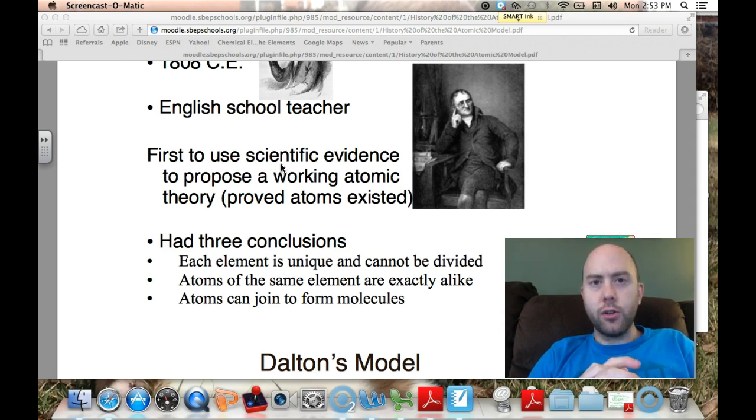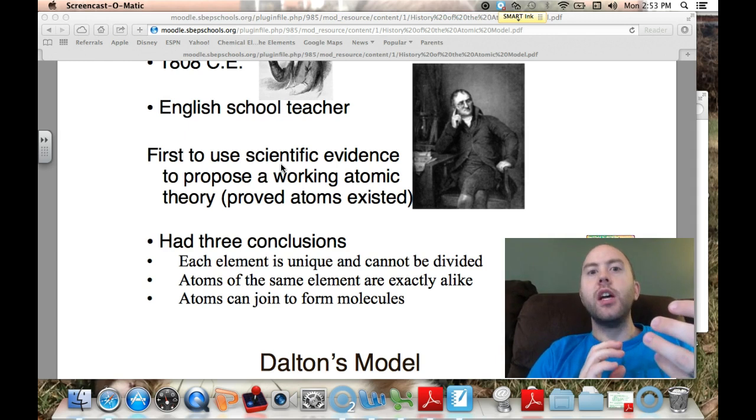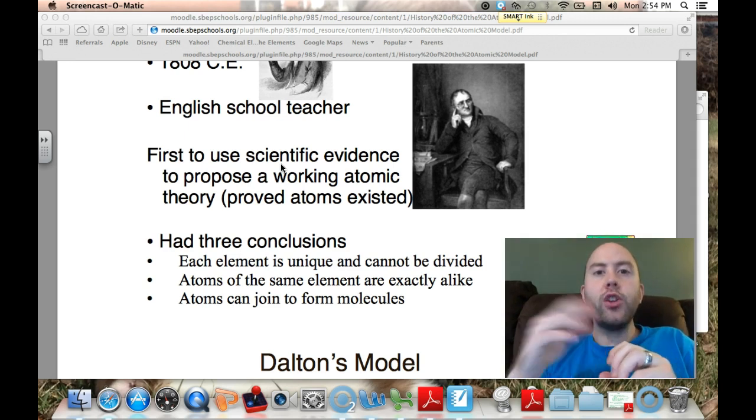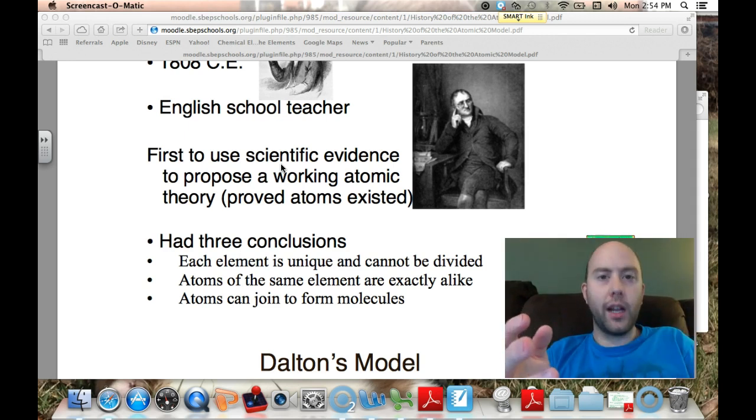The last conclusion can be broken into 2 pieces again. It says atoms can join to form molecules. So for example, hydrogen and oxygen can form to make water. However, you cannot create atoms, you cannot destroy atoms. What he's trying to say is in a chemical reaction, you cannot create new elements, you can't destroy elements.